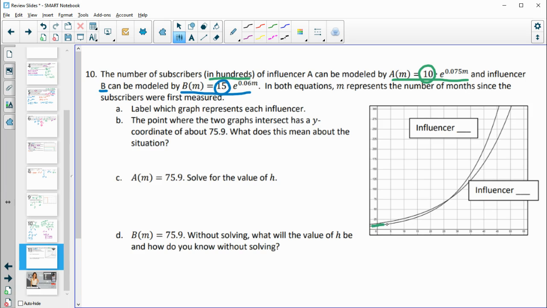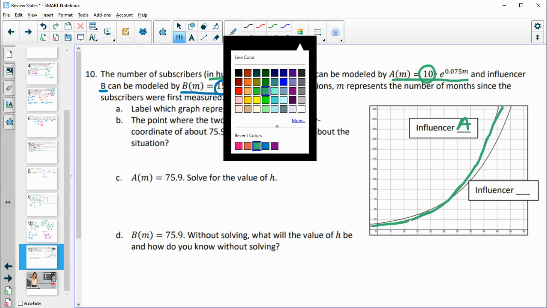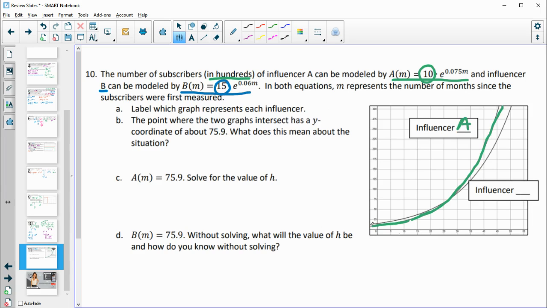So this line, which then pops above here. So this is influencer A. And then influencer B here started higher, and then they cross. So then this bottom one here is influencer B.